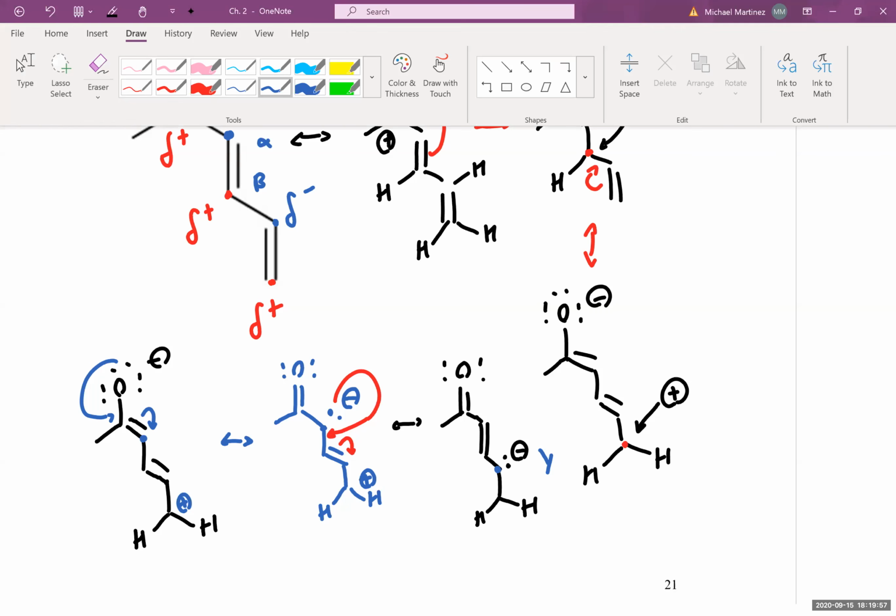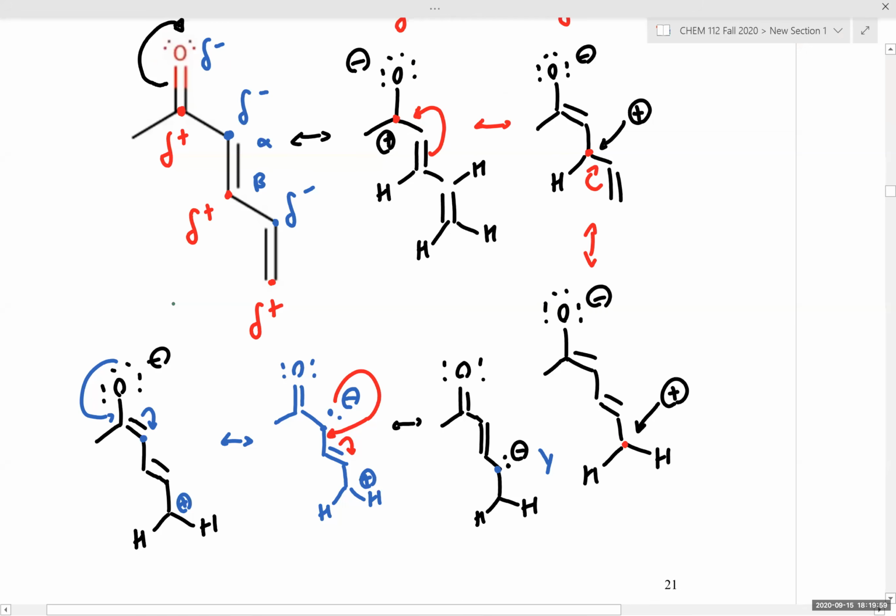This is why when you look at these unsaturated ketones, in general, addition will either occur at the carbonyl carbon, the beta carbon, or this other conjugated position, because we have 3 sites that are electron deficient.